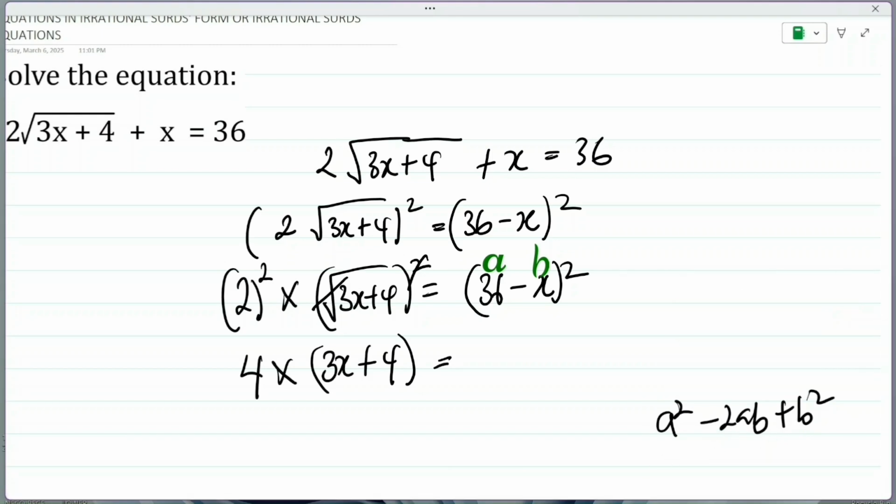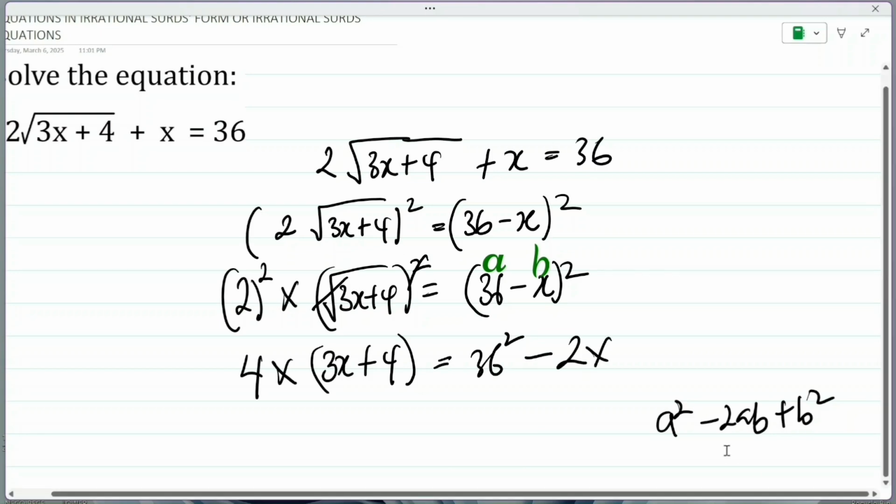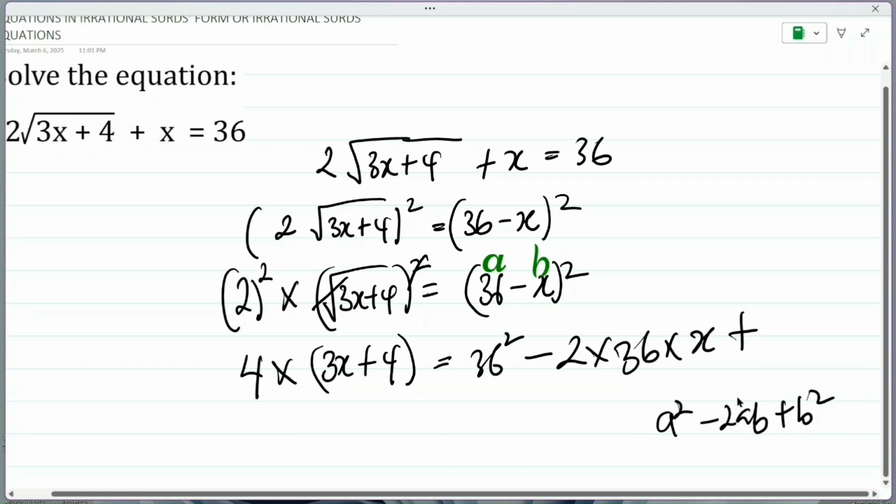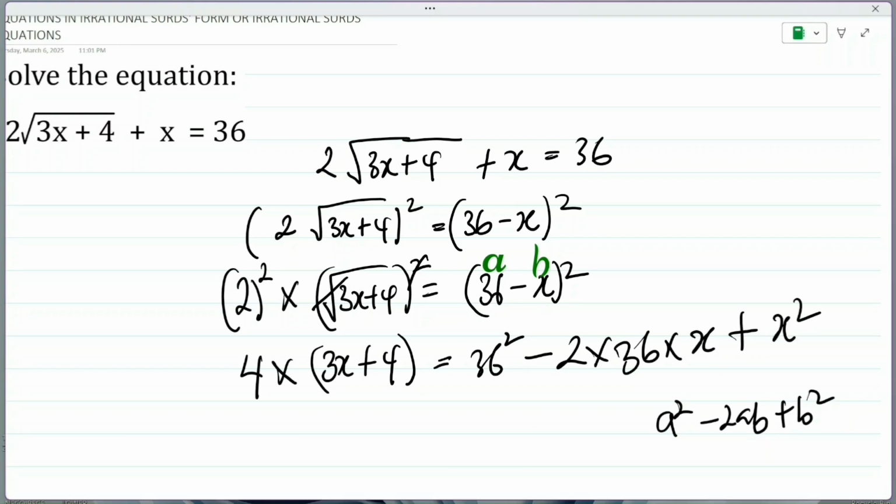Now we'll take 36 squared, that's our a squared, minus 2 times a times b. Your a is 36 and your b is x, plus b squared, that's x squared.